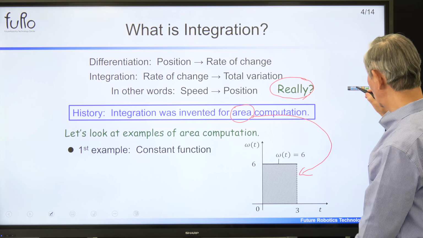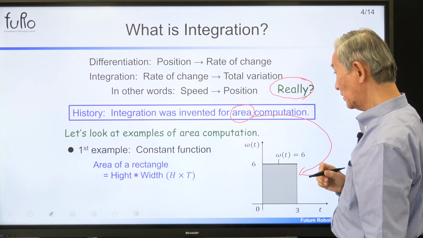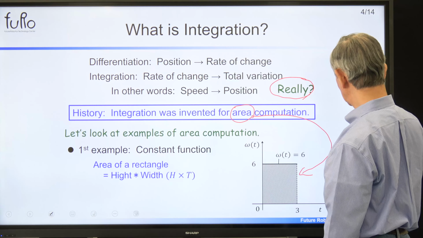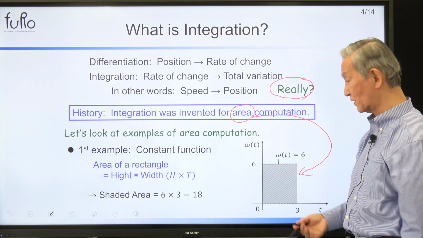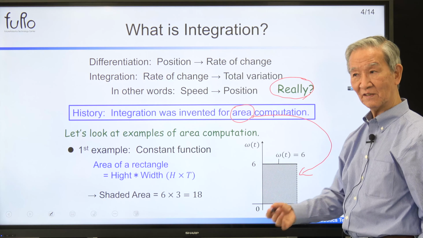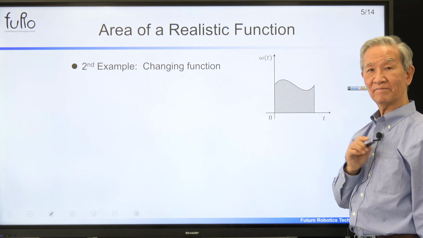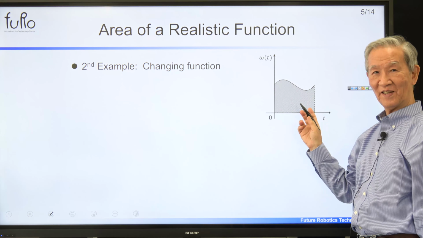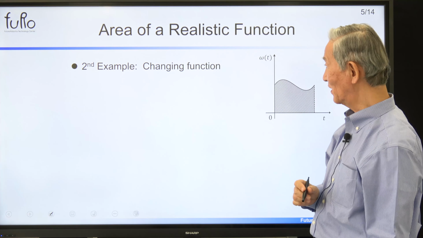So the area of a rectangle is height times width, which for this particular case is 6 times 3, that's 18. No question about that. Nothing difficult at all. Okay, how about this one here? Wow, how can you compute the area here? It's not that easy, right?